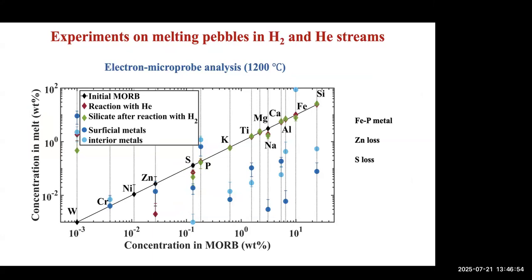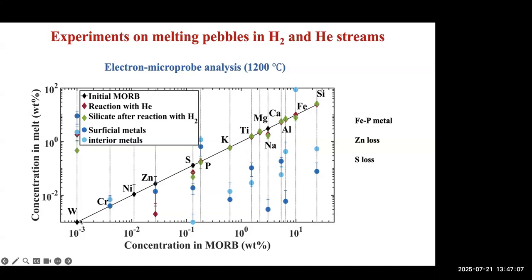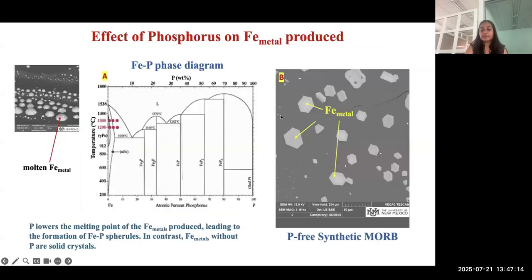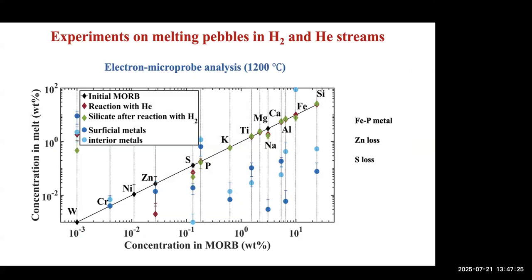So if this line is the bulk composition representative of all the terrestrial bodies, basically? No. This line is just the MORB composition. These black diamonds are MORB, and I have just drawn a line through them so that I can compare how much those elements got depleted or enriched compared to the initial composition.